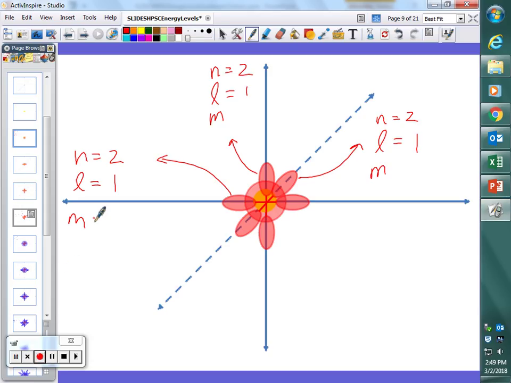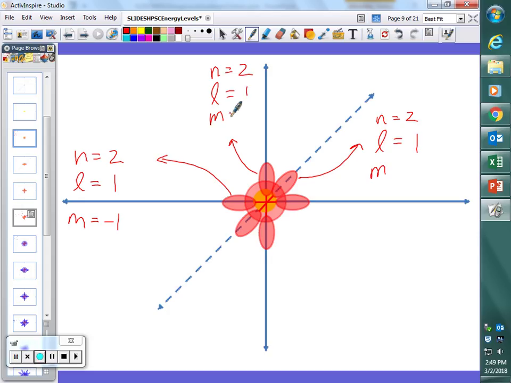So that means here, that's negative 1. I'm not going to give you quantum numbers that way. What I'm trying to show you is this is the x-axis, and this p orbital is on the y-axis.